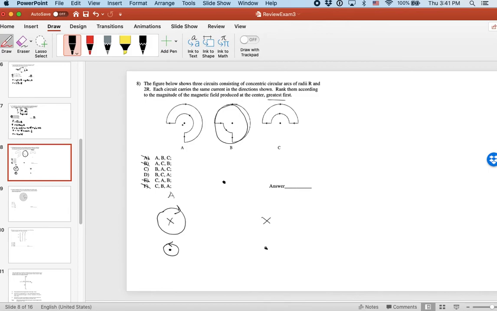Some is canceled, but because this is a smaller radius, I'm going to have less magnetic field canceled here versus the outside. I still believe A is going to give me a bigger magnetic field than C. So I'm going to say my answer is C.